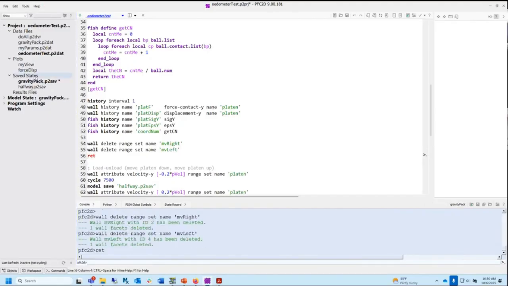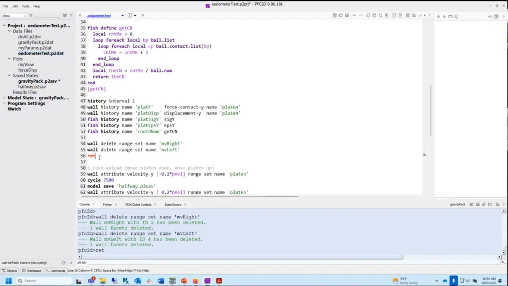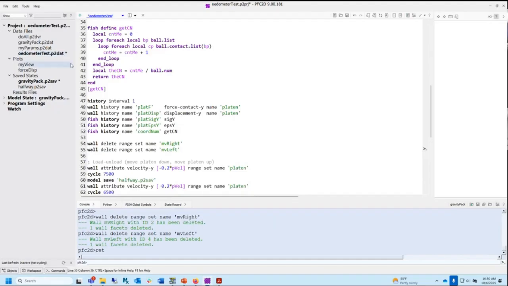It removed them. Let's see if it did. Boom. Now, this thing should hang together because it's bonded. So suddenly we've created a cemented material. So now let's see what it does. It's going to be super weak. Okay, let's just run it and let her rip here.